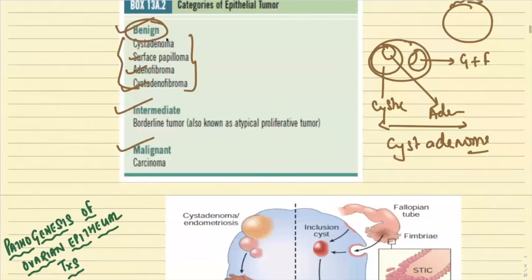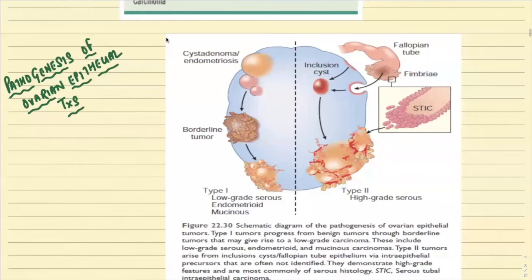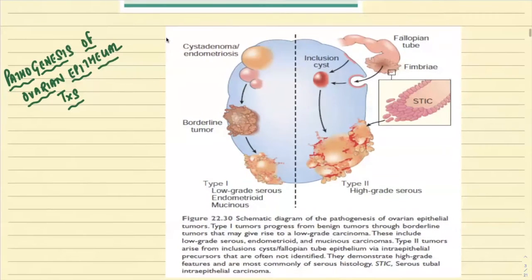Now, a very important thing is the pathogenesis, or the origin, of the ovarian epithelial tumors. A very, very important concept that you have to understand, and this is with regard to the epithelial tumors of the ovary only. There are two lines of thought. There are two types of epithelial tumors: type 1 and type 2.